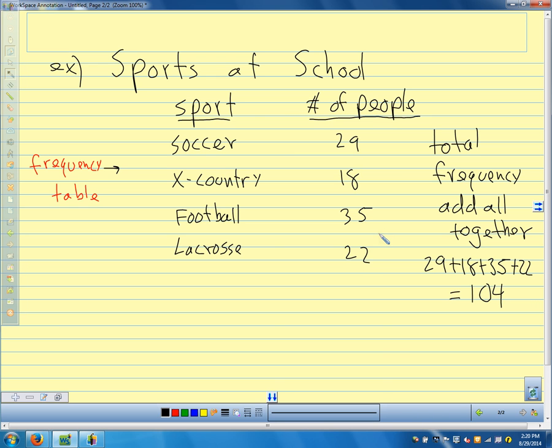And if the problem asks us to find relative frequency of lacrosse, what's going to be our favorable number?